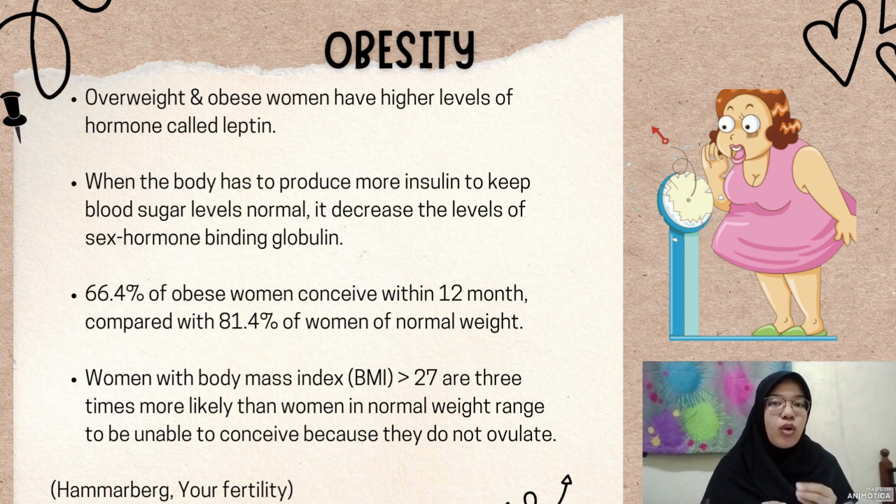Changes in the fine-tuned hormonal balance that regulates the menstrual cycle, triggered by excess weight and obesity, also increase the risk of anovulation, when no egg is released by the ovary. Women with a body mass index above 27 are 3 times more likely than women in a normal weight range to be unable to conceive because they don't ovulate.